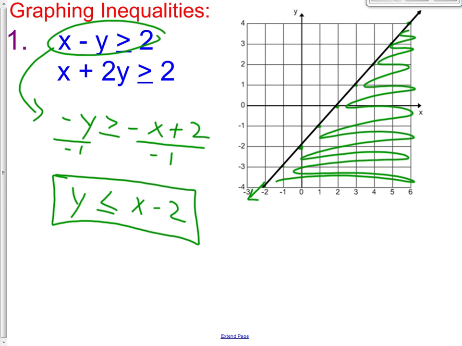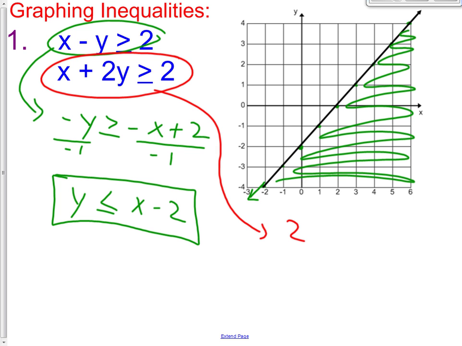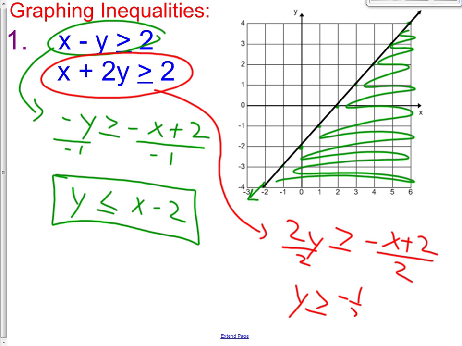So now let's graph this one. So let's again solve for y. So I'm first going to subtract an x. So now we have 2y is greater than or equal to a negative x plus 2. Divide both sides by 2. Y is greater than or equal to a negative 1/2 x plus 1. So let's graph this one. It has a y-intercept of 1.